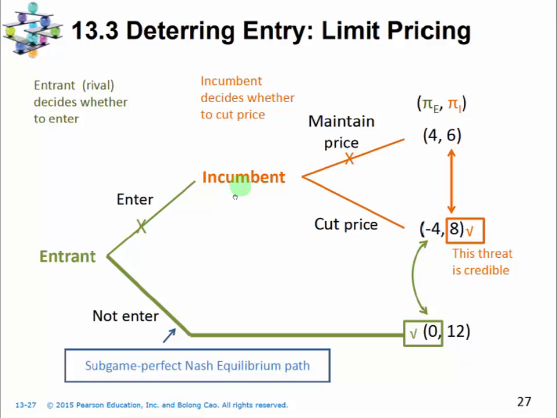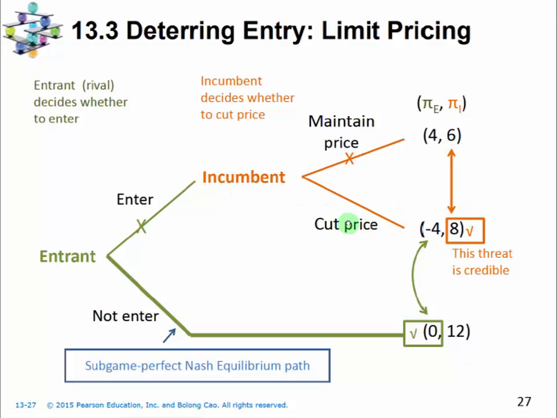If there's no entry, the entrant stays out of this market, and the incumbent can enjoy a profit of 12. However, after the rival enters this market, the incumbent can accommodate the entry and have its profit cut by half to 6. Or the incumbent can fight.